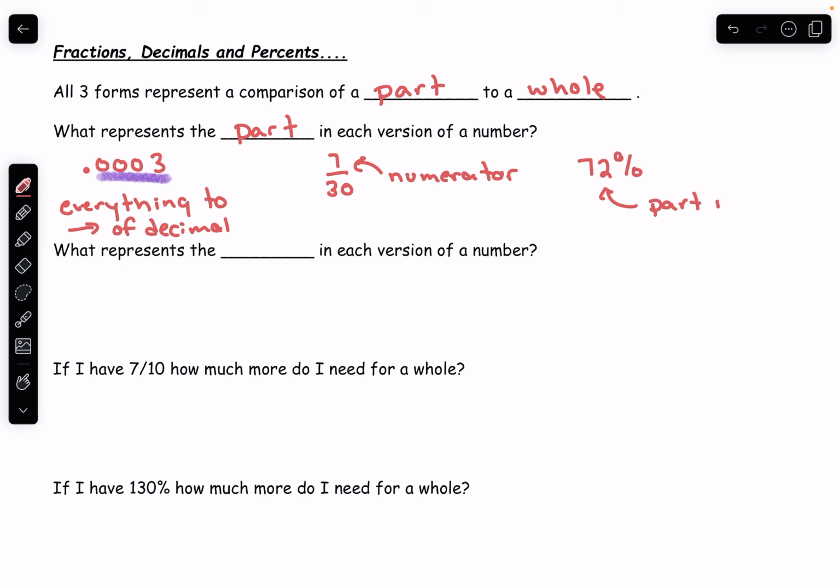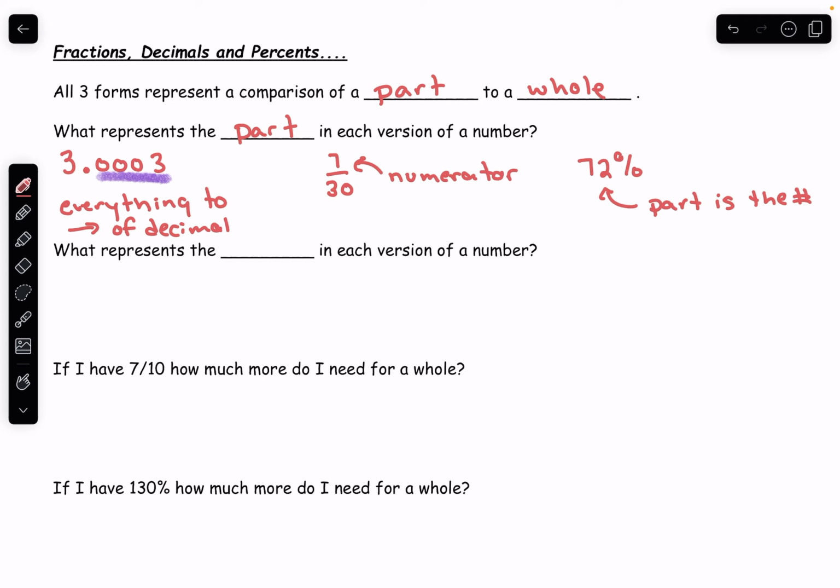But the part is the actual number that you're looking at, okay? So 72%, 72 represents the part. 7/30 represents the part, and the number, let's put something in front of this, I'll go ahead and put a 3.0003, the 0.0003 represents the part.